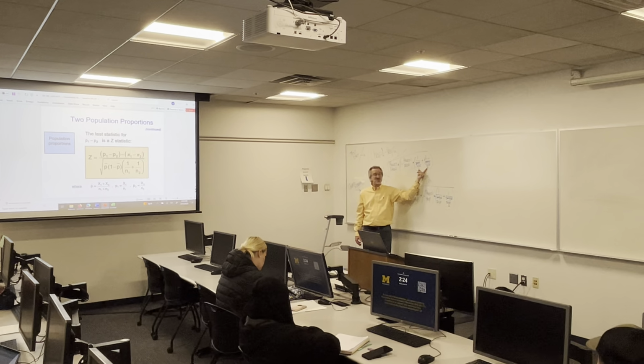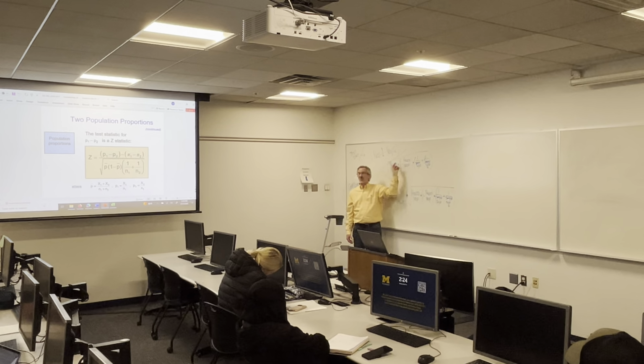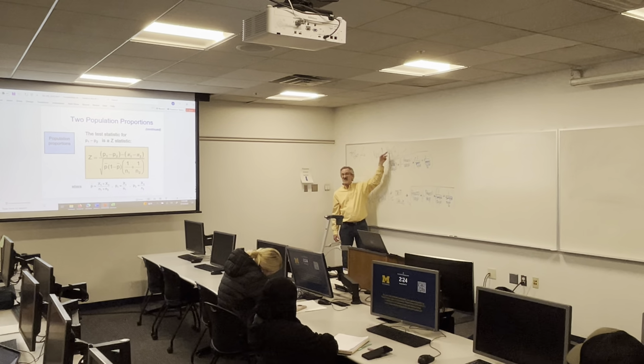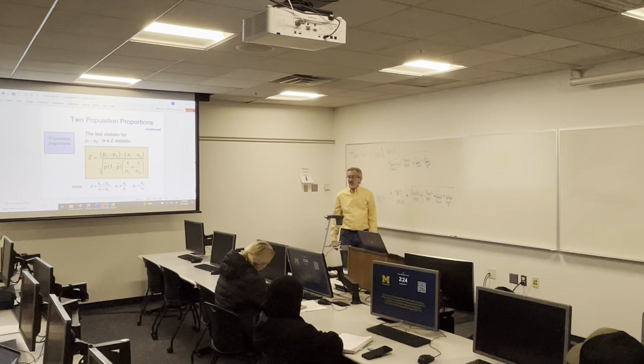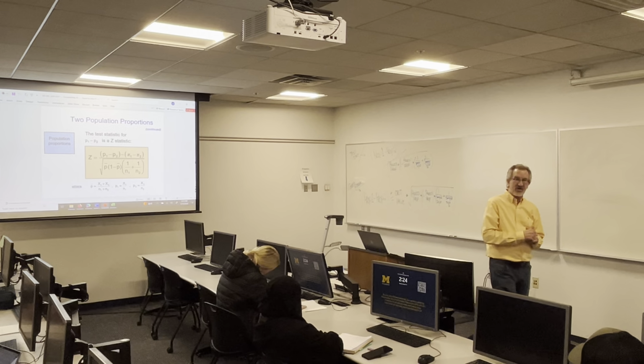I start with these two sample sizes when I do this problem. I'll get 1 over the first one plus 1 over the second one, add them together. Then I'll take pooled proportion times 1 minus the pooled proportion, multiply these two, then square root it, then divide it into this difference. That's pretty much the order I go in. I attack the denominator and divide it into the numerator at the end.